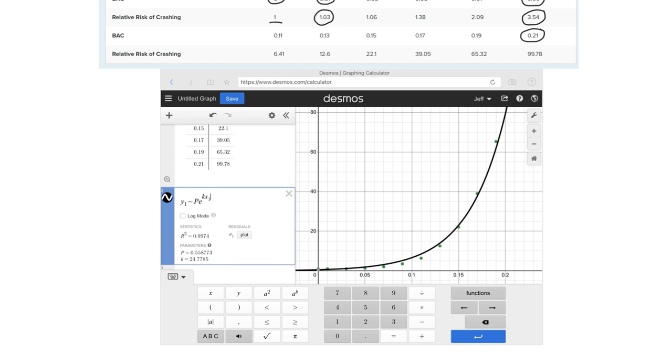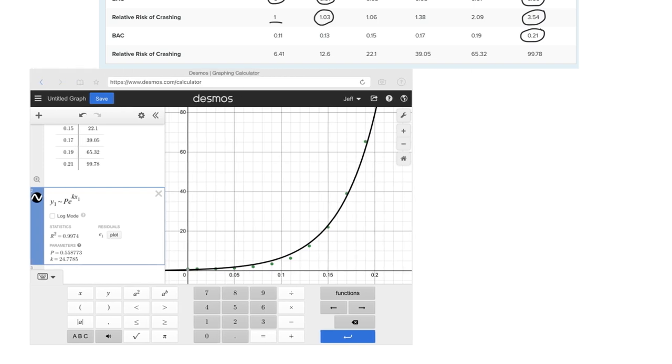So let me just write those down here. So my function would be, you could say p of t, or I'll use y because that's what I have here. Y is equal to p0 value, or the initial value, 0.559, we'll call it. E to the k is 24.78, I'll call it, times t.